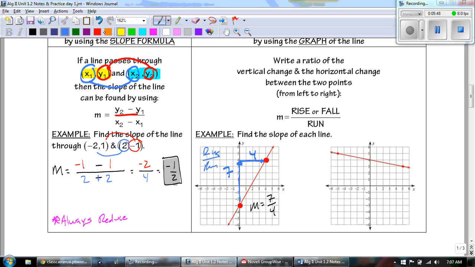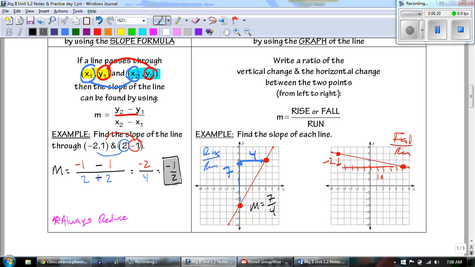Okay, looking at our next one, here are my two dots. We've got one right here and one right here. The first thing that I notice right away is that this is falling. So we would say that this is fall over run. Okay, I need to go down 2, so it's a negative 2, and over 1, 2, 3, 4, 5, 6, 7, 8, 9, 10.